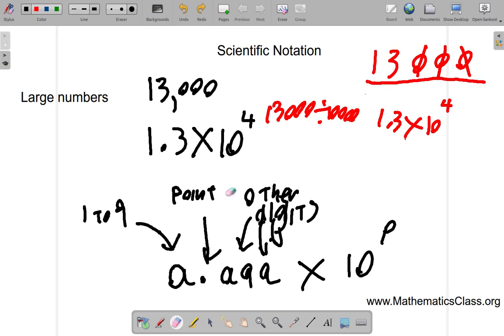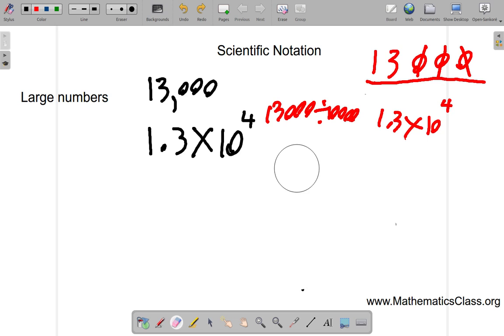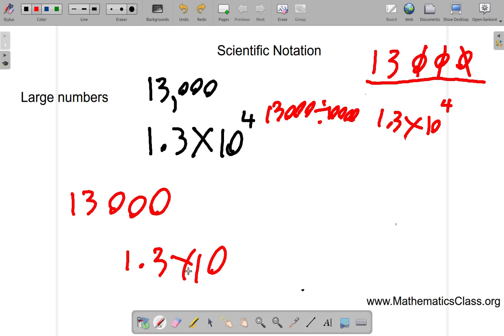Let's look at it again. If you have 13,000 and you write it as 1.3 times 10 to a power, 13,000 is the same as 13,000.0. Right? Any whole number you write, you can always put a point to the right and put a 0. There's nothing wrong with that. It's the same thing.